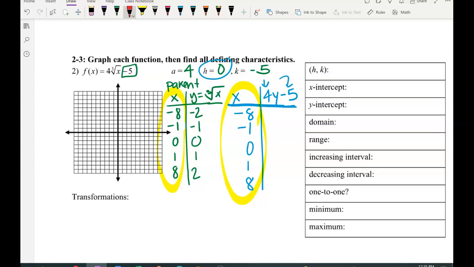Then all of your outputs will need to be multiplied by 4 and then minus 5. Ready?